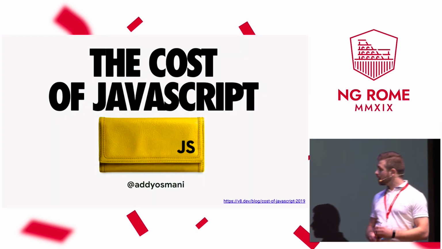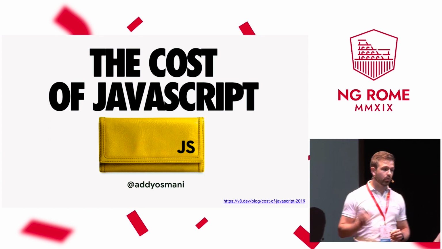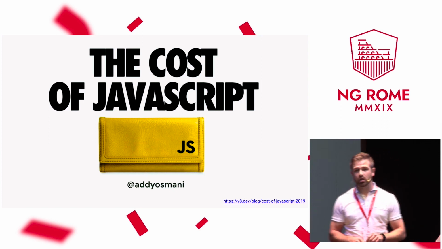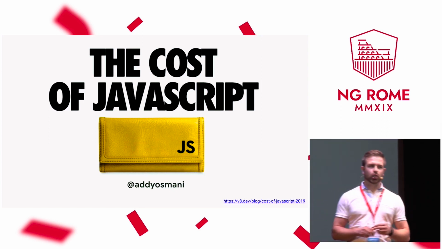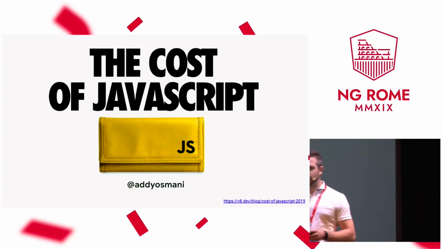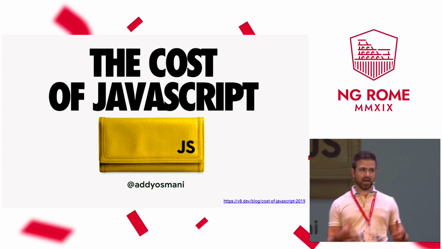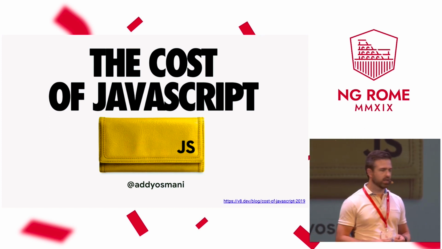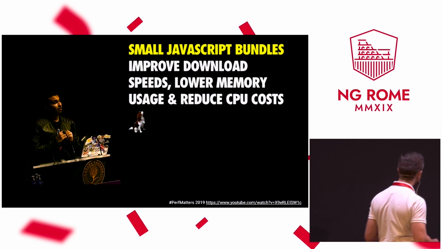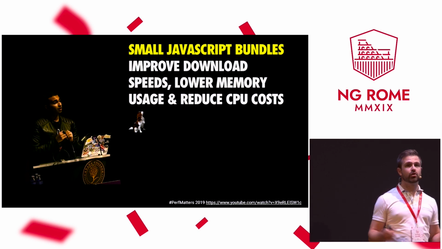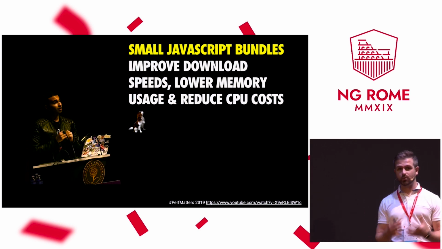One member of the Chrome team, an important one actually, is Addy Osmani, and he published a blog post in 2018 about the cost of JavaScript. What he figured out is that nowadays, in modern web applications, the biggest cost is actually the JavaScript. So it's not maybe the images or other stuff, it's really JavaScript. Obviously he advocates that we should try to keep our bundle as low as possible.